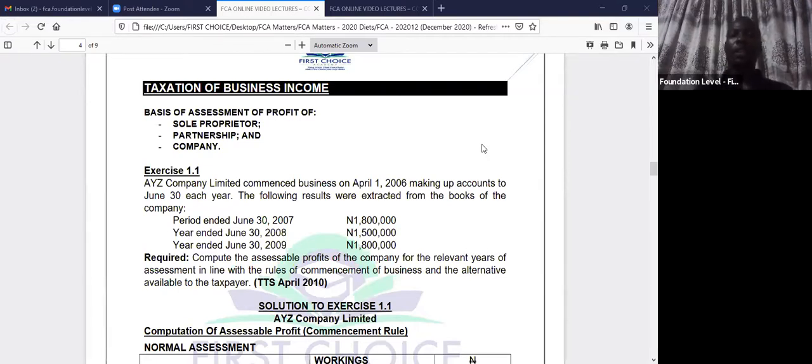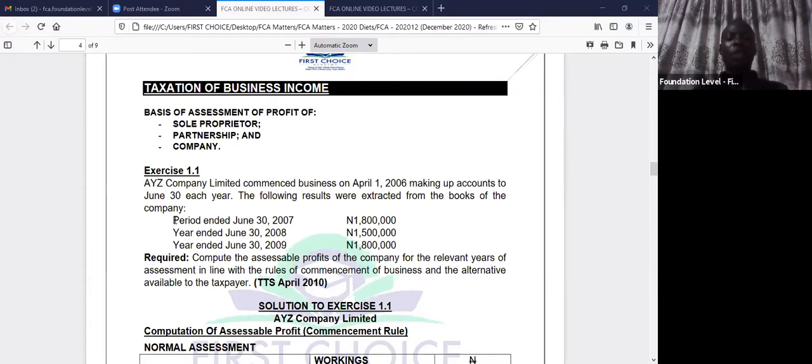So that's the first characteristics. The second characteristics of a normal basis period is it must be 12 full months. How will you know in question that you are given a 12 full months account? Simple. Look at exercise 1.1.